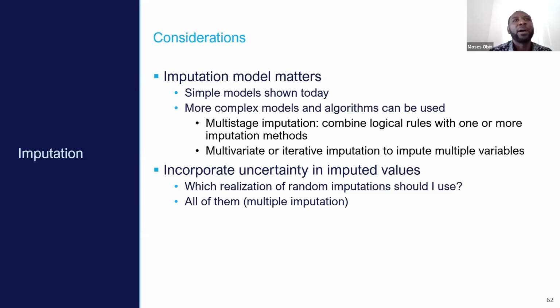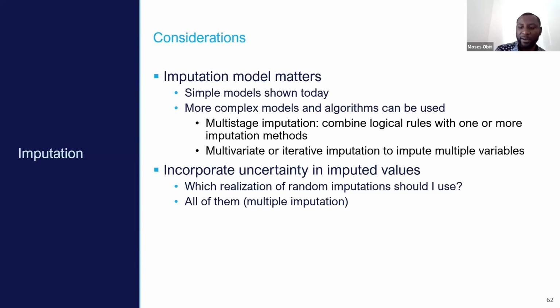I talked about the issue of doing multiple imputation, where, for example, if you are using random imputation, you can randomly draw different samples from a known distribution, analyze all samples, and then average the results from the imputed data sets, instead of using just one data set for inference.